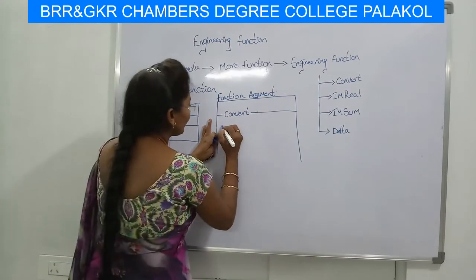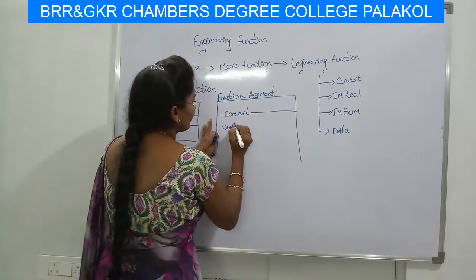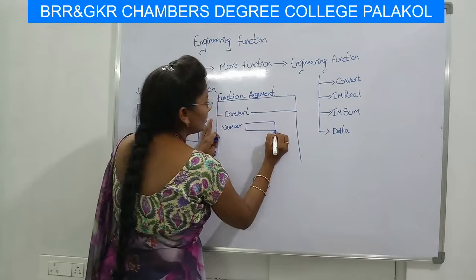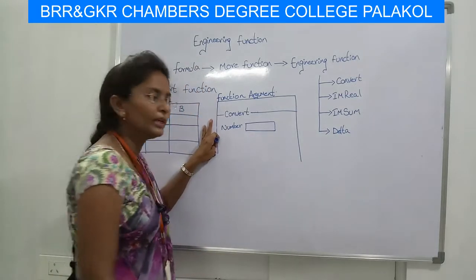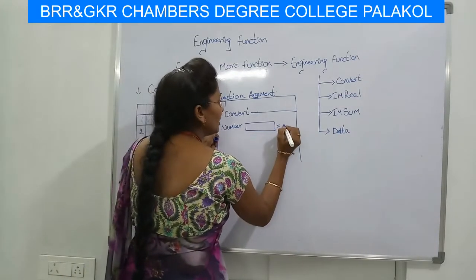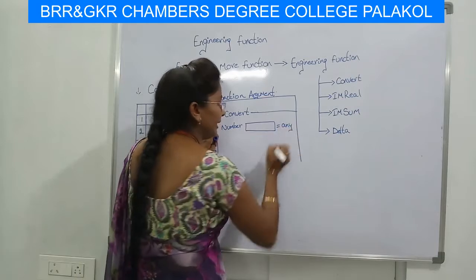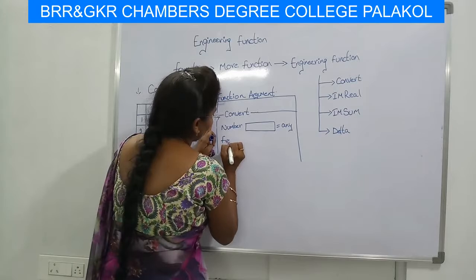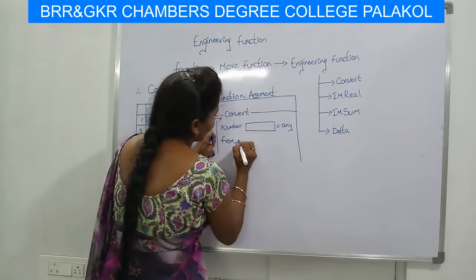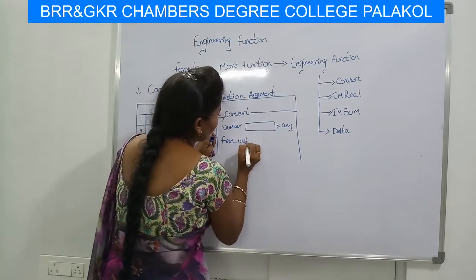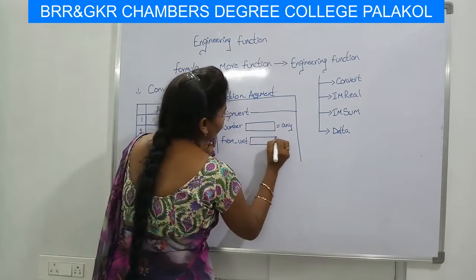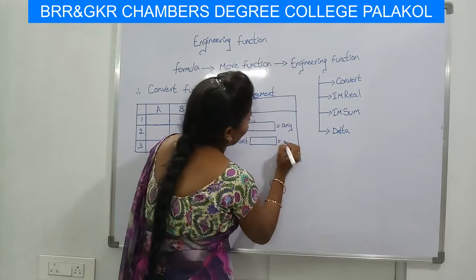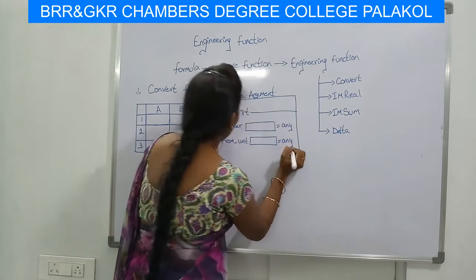And then the first one is number here. For this number, you can see the box here and equal to symbol and any. And next is from_unit, and again one box, equal to any, same as the number.